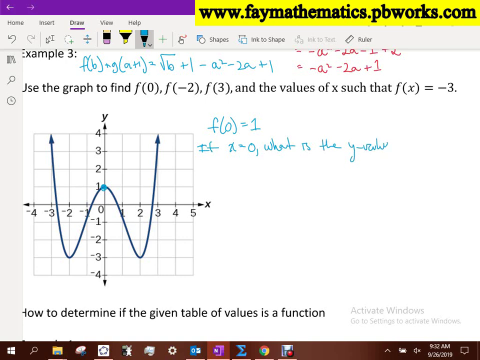And I think mathematics in general would be so much more simple for everybody if directions were more explicit. But hopefully you can realize why mathematicians would not want to write that statement. If x equals 0, what is the y value?